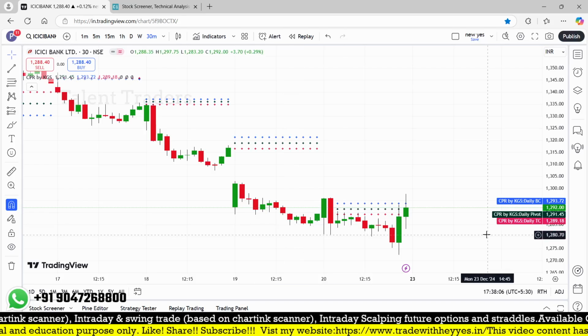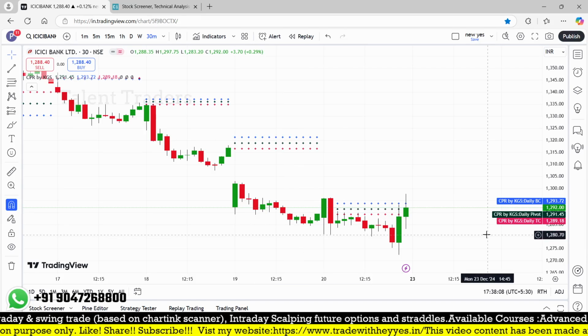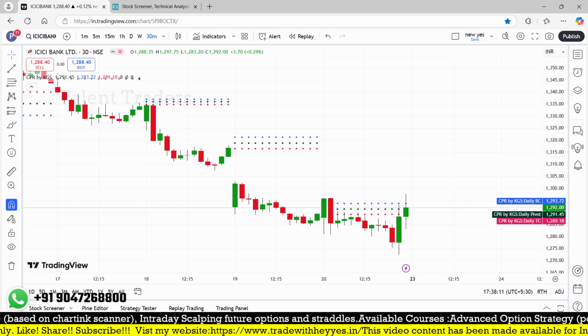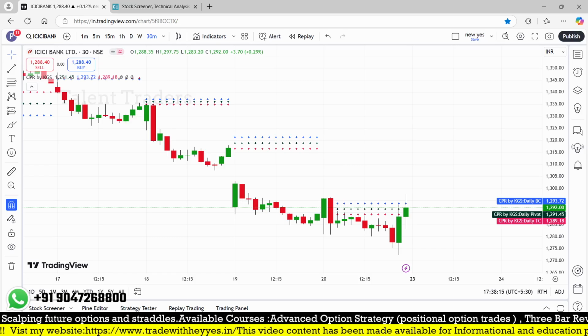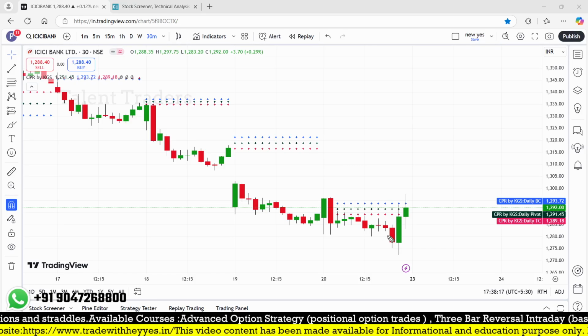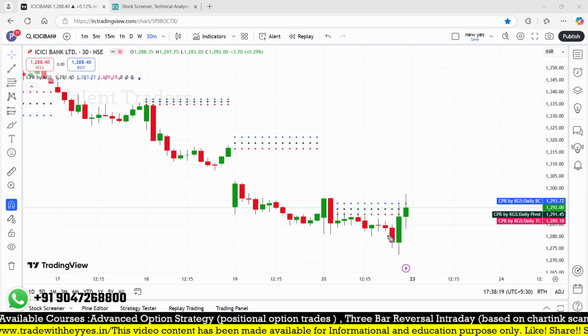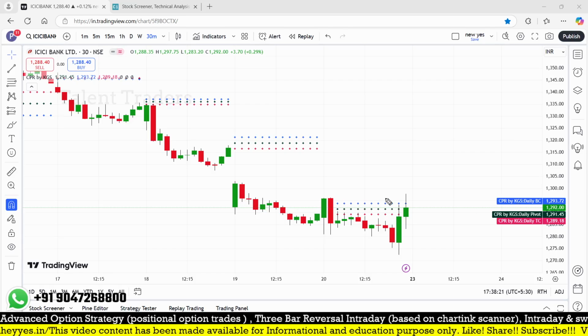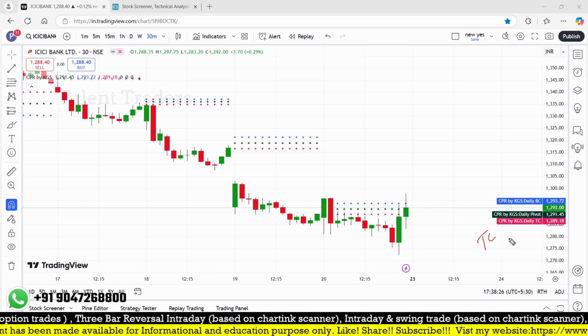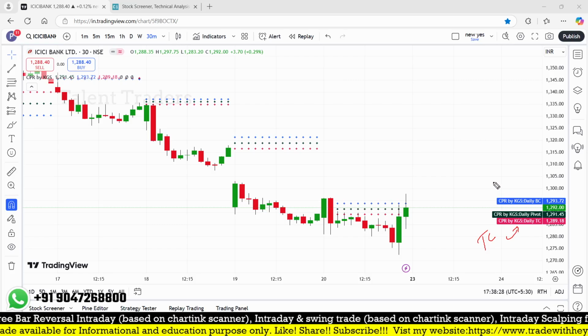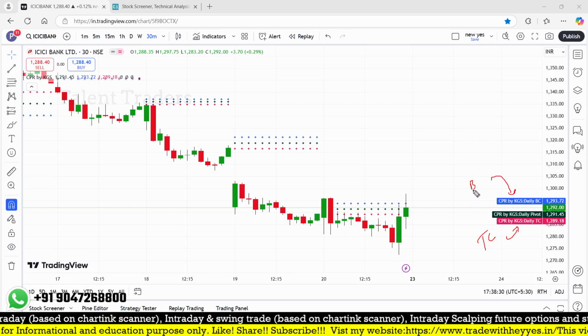But why did ICICI come into this list? This is the major reason many scanners will fail, because you are not considering this particular factor. In this case, TC is the pink one, the PTC, and BC is the blue one.